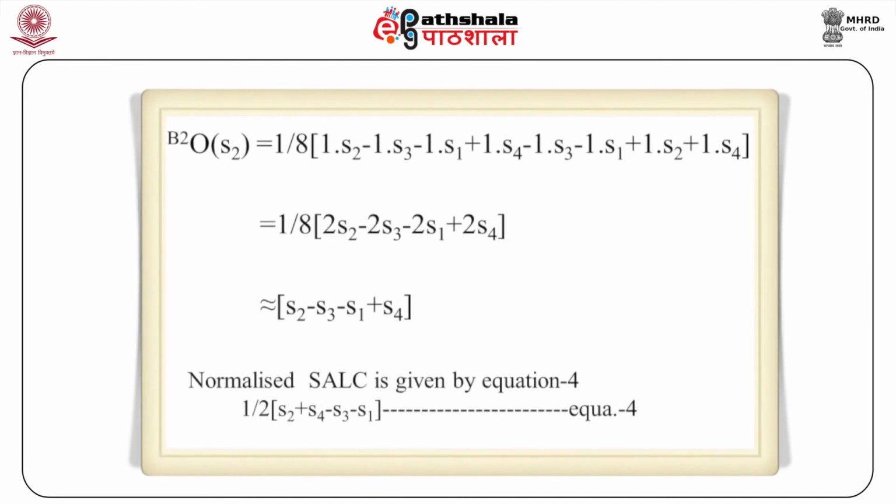After these calculations we find the net result is given in equation 4, that is the normalized SALC is 1 upon 2 S2 plus S4 minus S3 minus S1.